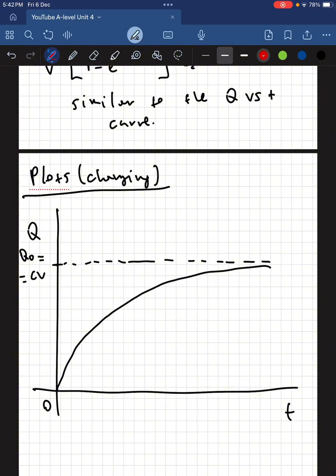Now, what's the gradient of this curve? So the gradient is equal to delta Q over delta T, which is I, right, at time T. So if you find the slope at this point, this is the current at this time, let's call it T prime.